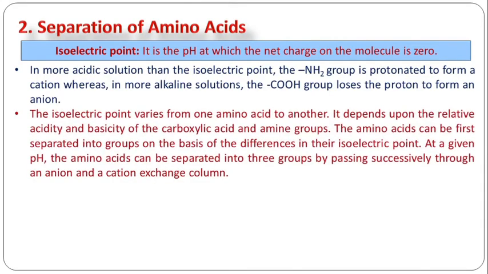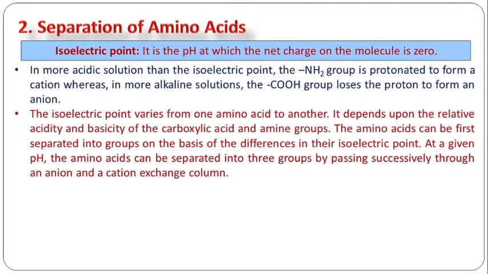The isoelectric point varies from one amino acid to another. It depends upon the relative acidity and basicity of the carboxylic acid and amino groups. The amino acids can first be separated into groups on the basis of differences in their isoelectric point at a given pH. The amino acids can be separated into 3 groups by passing successively through anion and cation exchangers.